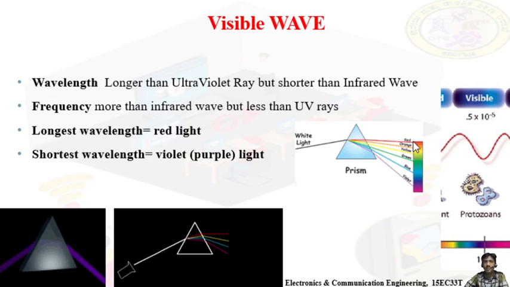The start will be the red color, the last will be the violet color, and in between there are many different colors, depending on different wavelengths. If you change the wavelength of this white light, it creates different colors.